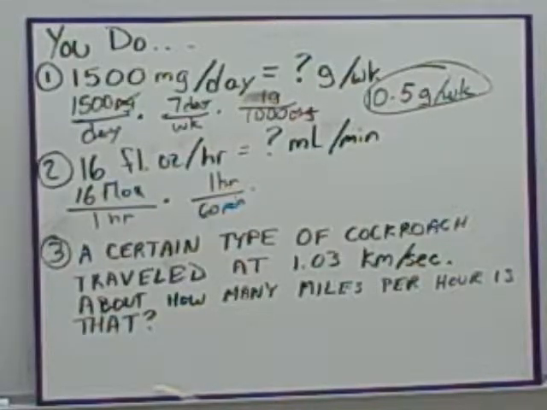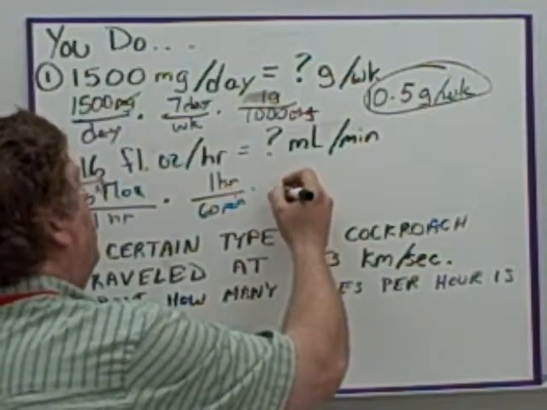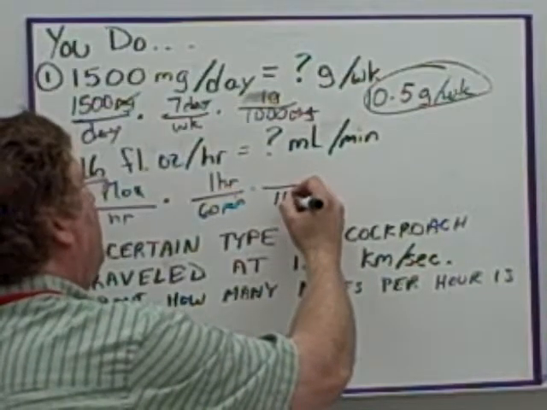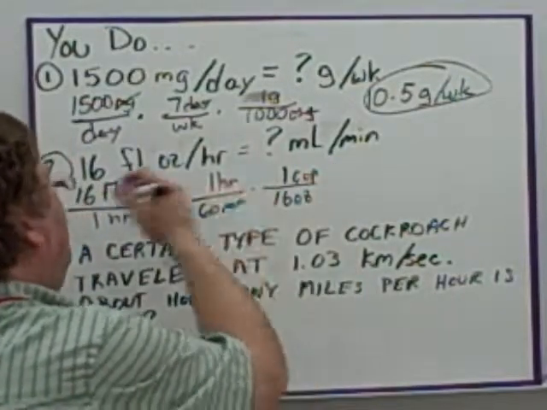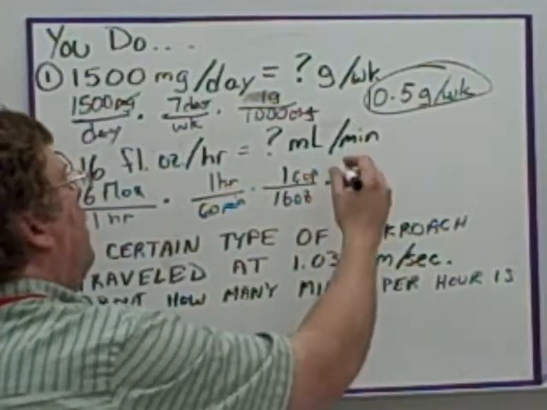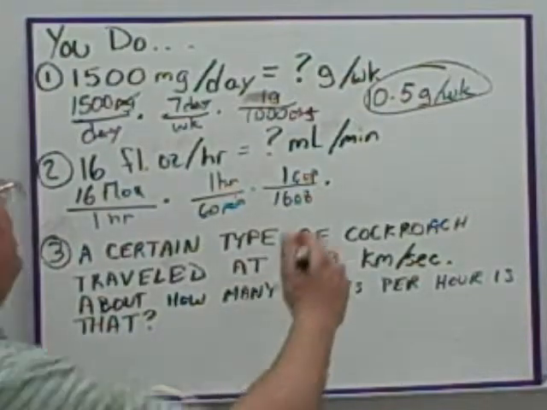So it says here that 1 liter is 4.23 cups. And, well, we know that there are 16 ounces in 1 cup. That'll get rid of the fluid ounces. And what we saw there was 1 cup is 0.24 liters.